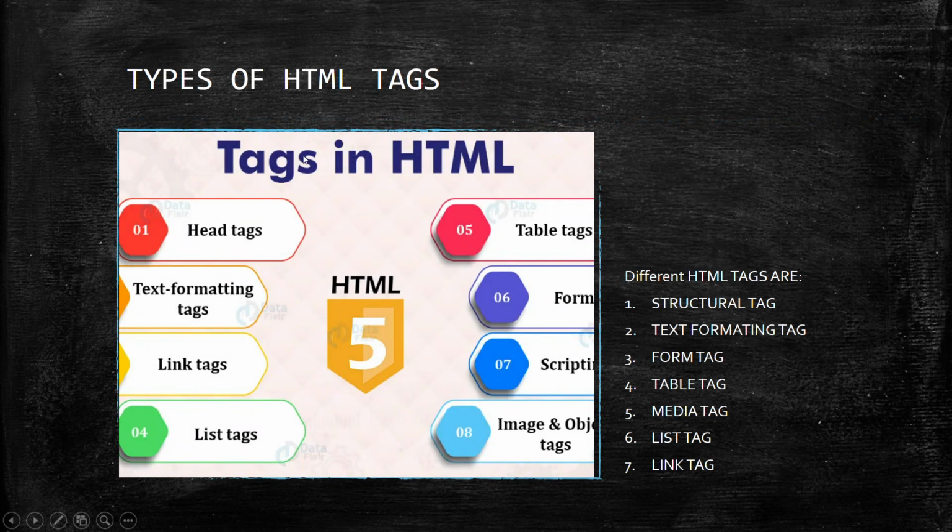There are different types of HTML tags: structural tag, text formatting tag, form tag, table tag, media tag, list tag, and link tag. Now we are just going to learn about the structure of HTML, some text formatting tags, and the table tag in detail.